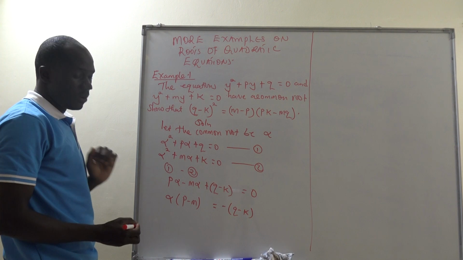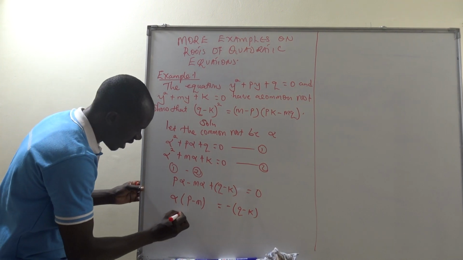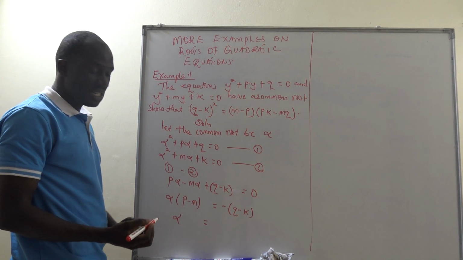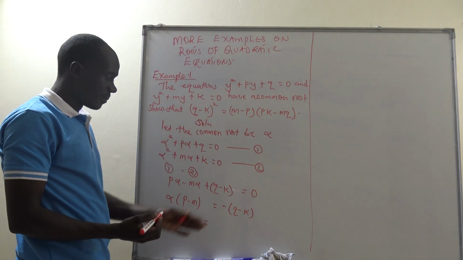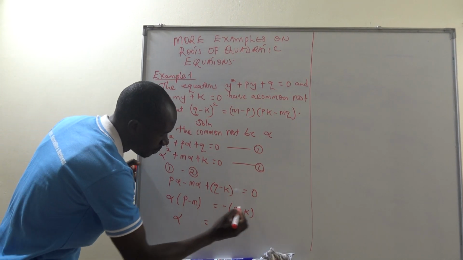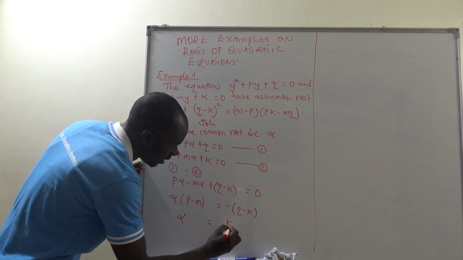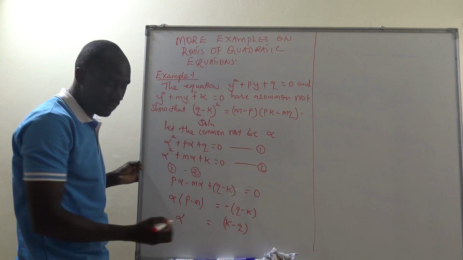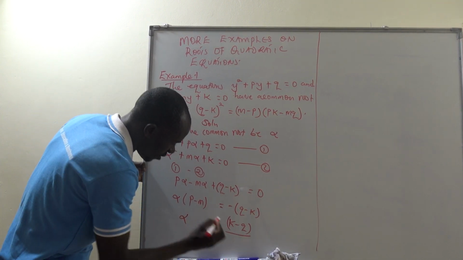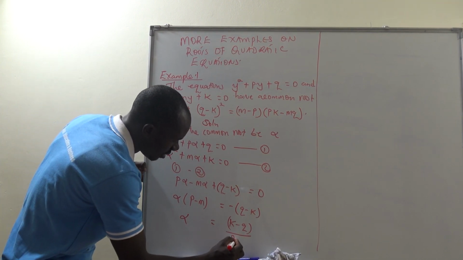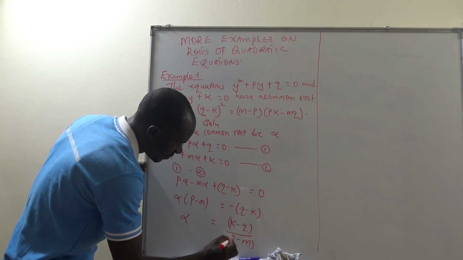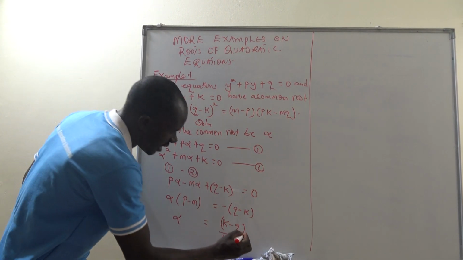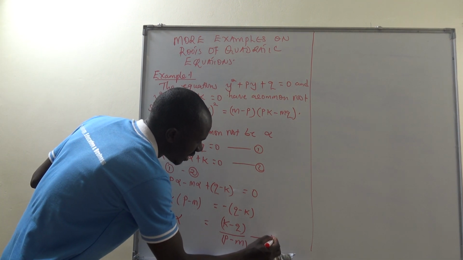So can we make alpha the subject? Alpha alone becomes, I can push in the negative, or I can leave it like that, but let me push it. When you push in a negative, you're going to have k minus q, all over p minus m. This is my alpha. So after getting alpha, I can call it equation star.